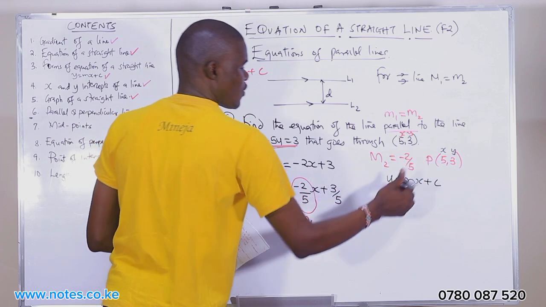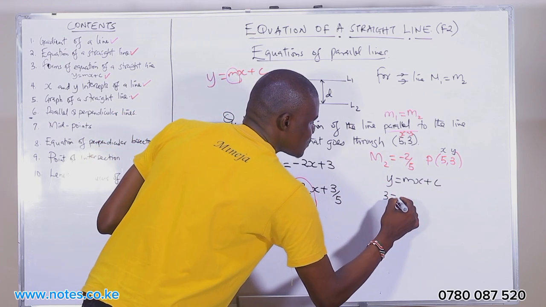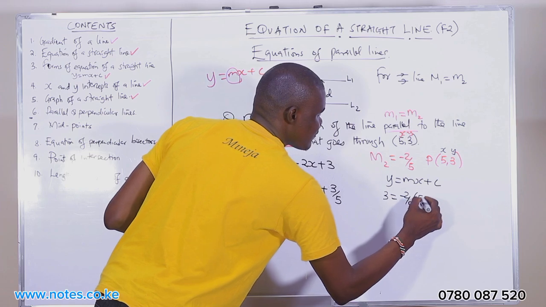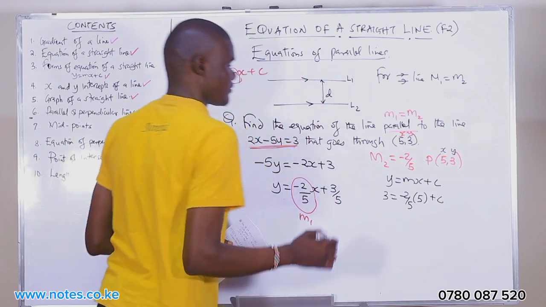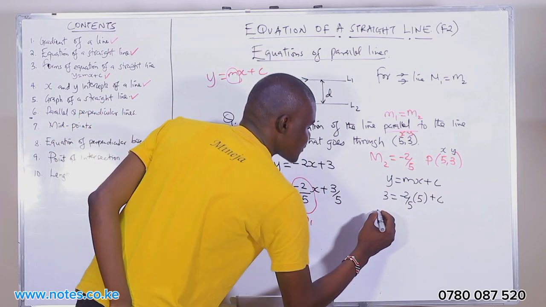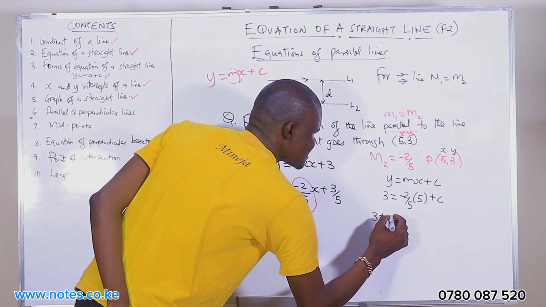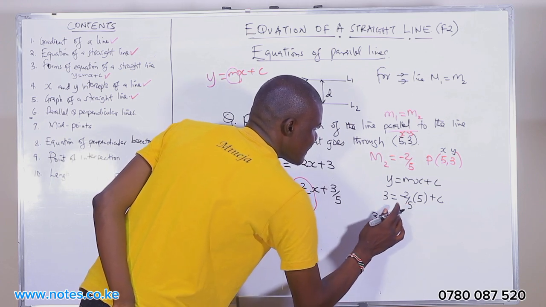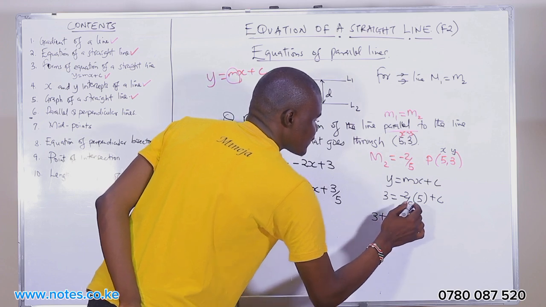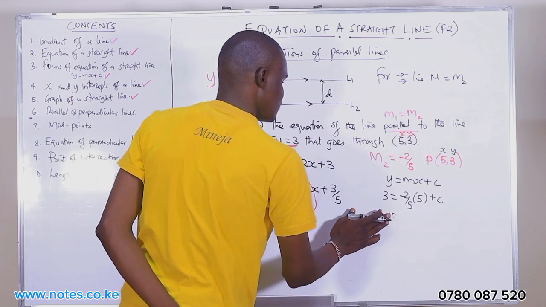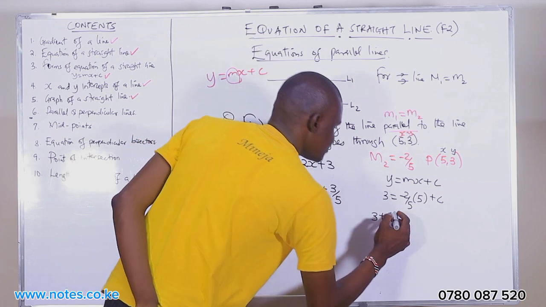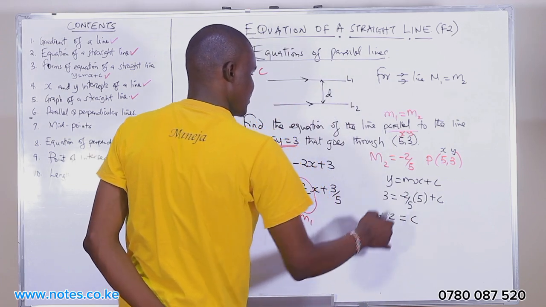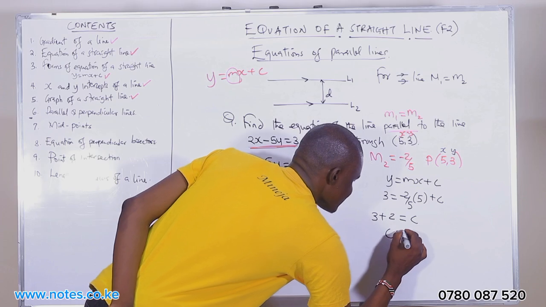Now, what is our y? 3 is equal to negative 2 over 5. What is x? 5, plus c. What is 3 plus 10 over 5? When you simplify that, it's like positive 2. So we bring it there. So our c is 5.